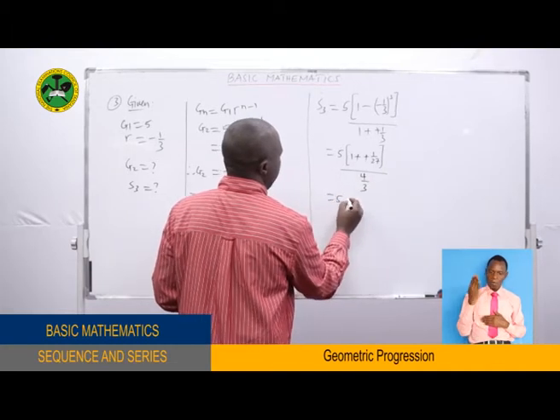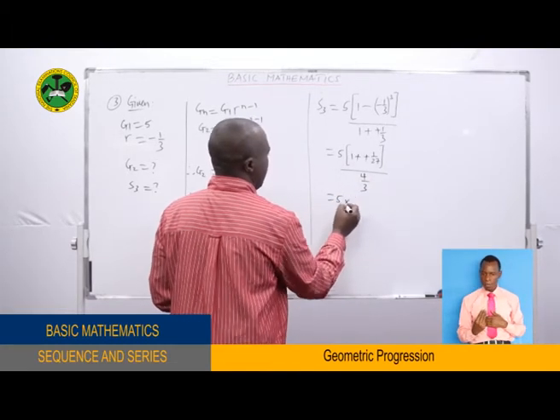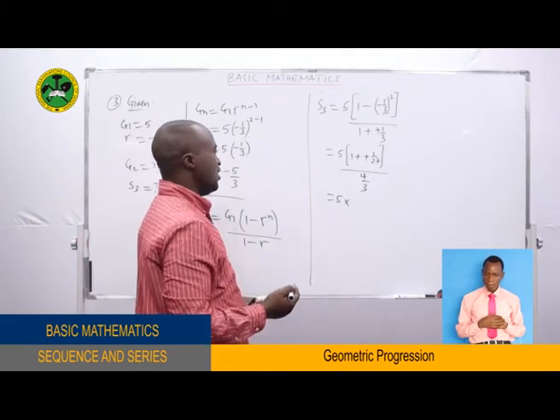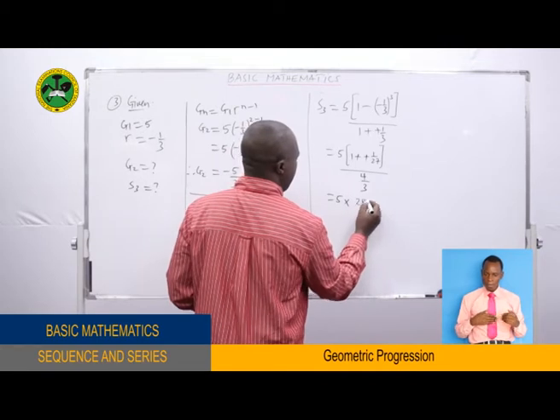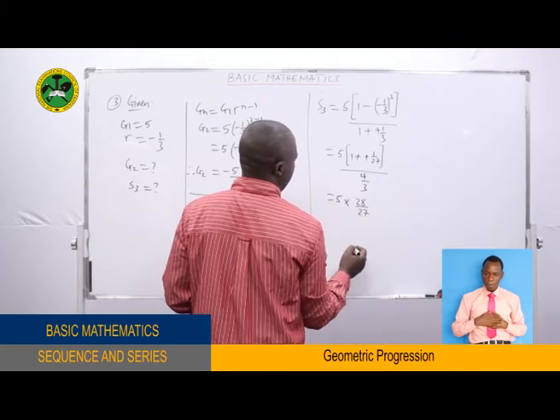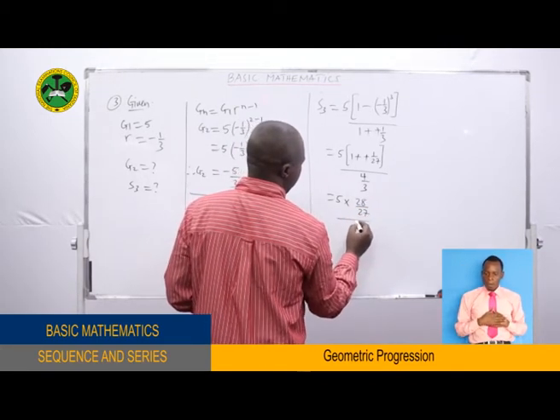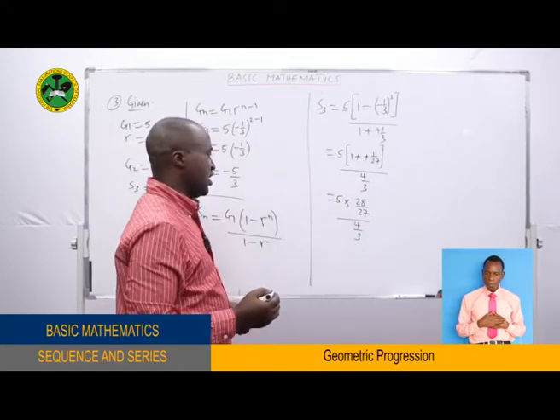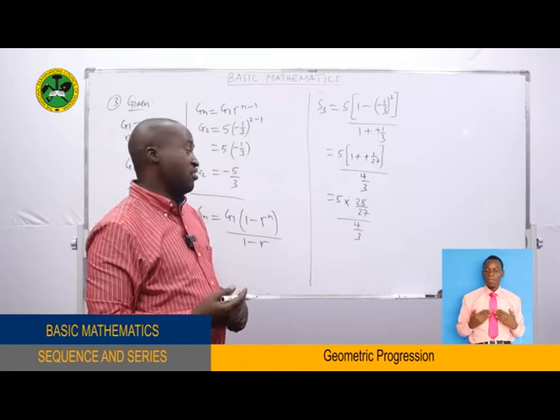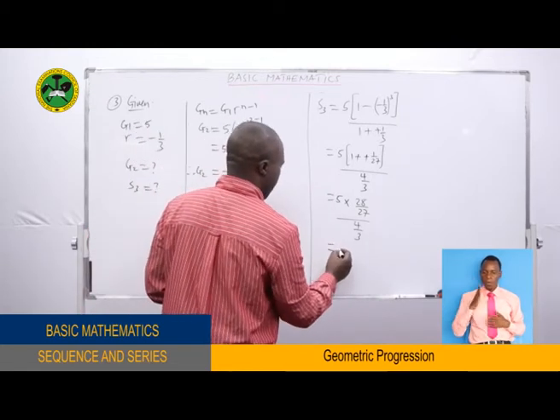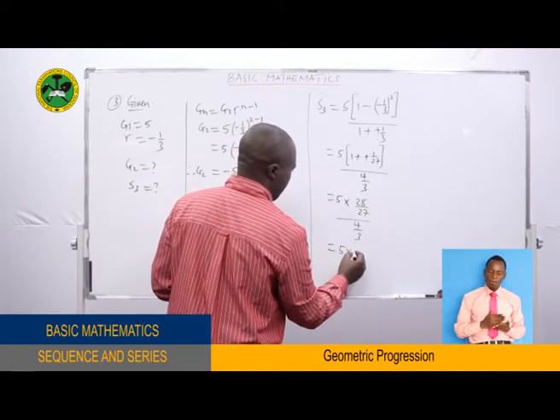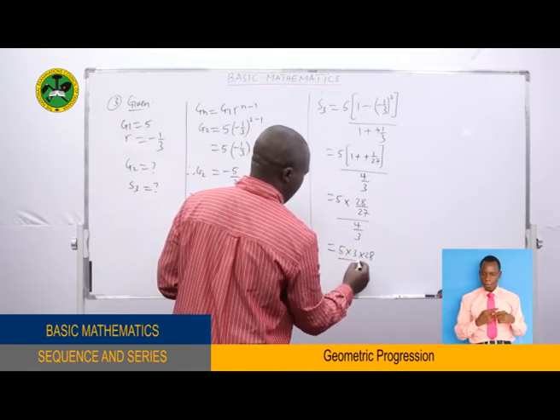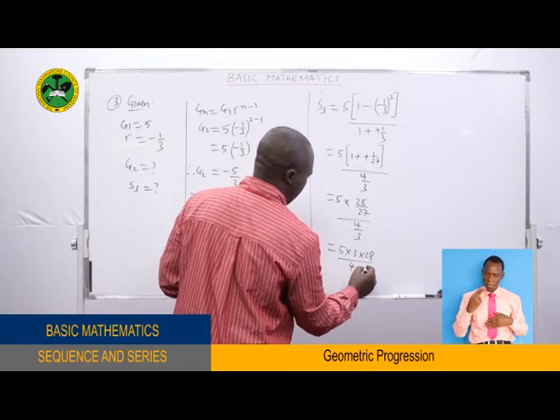So we have 5 times 1 plus 1 over 27. This will be 28 over 27. So again, this one over 4 over 3. Now, on arranging these numbers in fraction, we have 5 times 3 times 28 over 4 times 27.